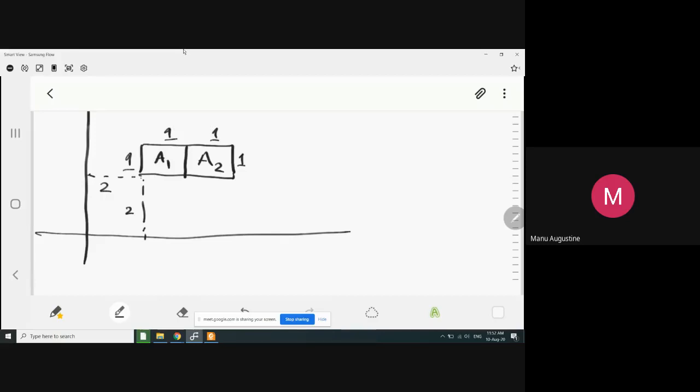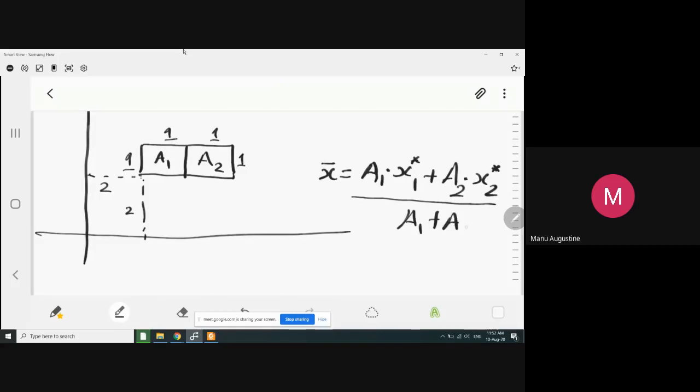So method of moments says that your x bar can be obtained by this following equation: a1 into x1 star plus a2 into x2 star, whole divided by a1 plus a2. Now let us understand what this formula implies.